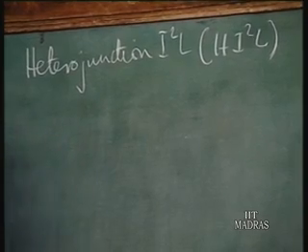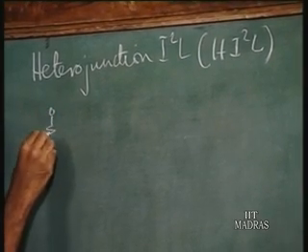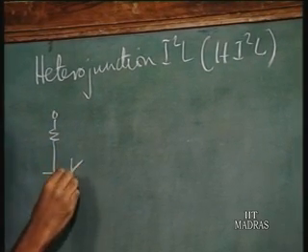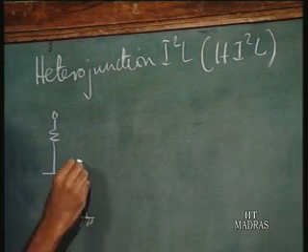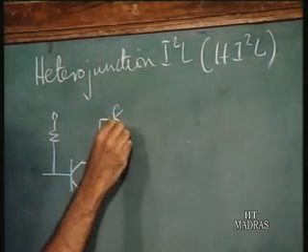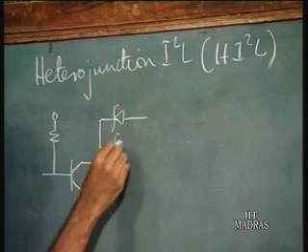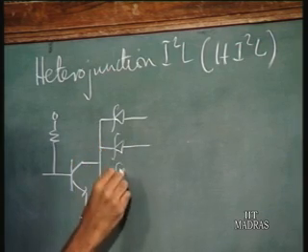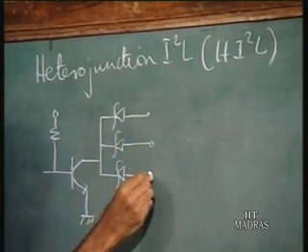And we had seen that the circuit is like this, which is rather similar to the Schottky transistor logic, except for the fact that this is not a Schottky transistor.